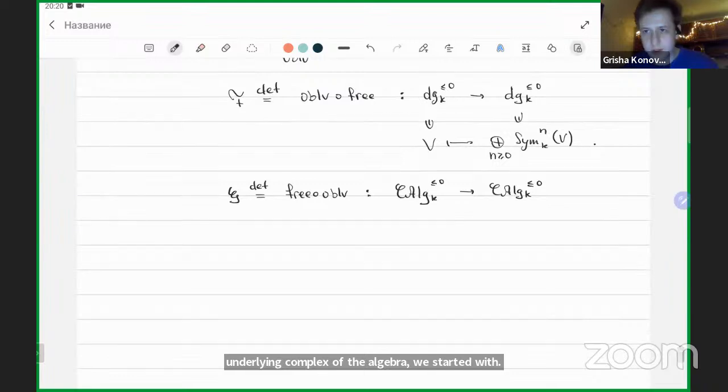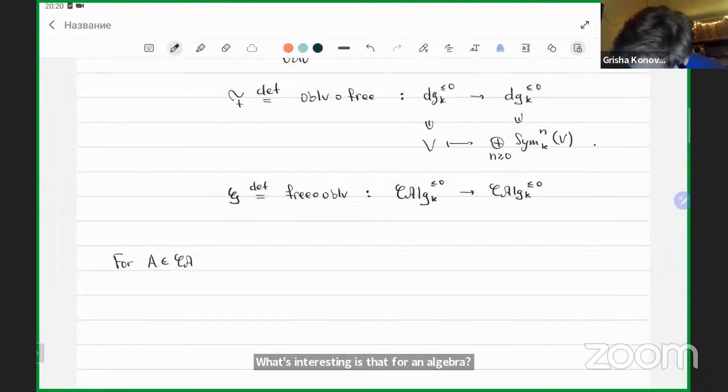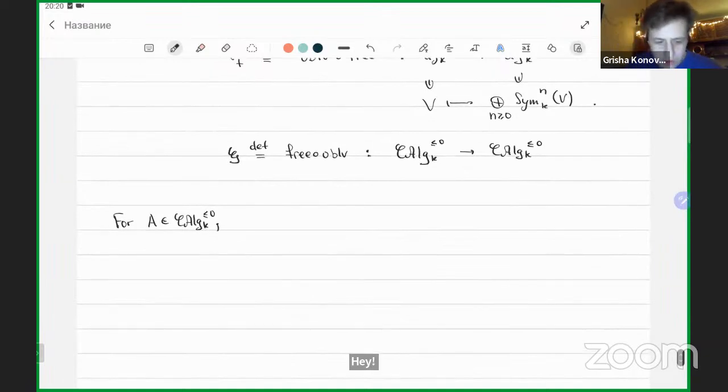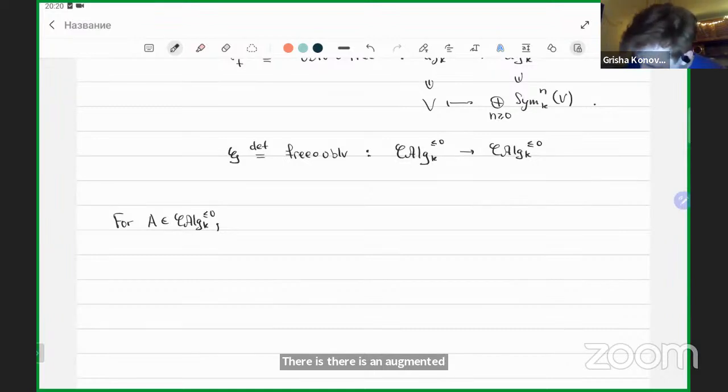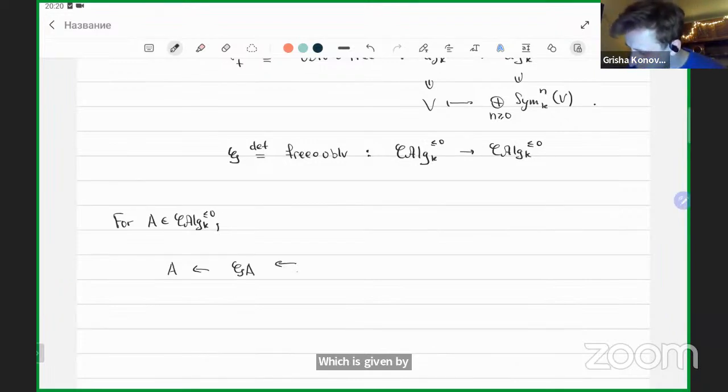And what's interesting is that for an algebra A, there is an augmented simplicial object, which is given by applying the comonad to the algebra.